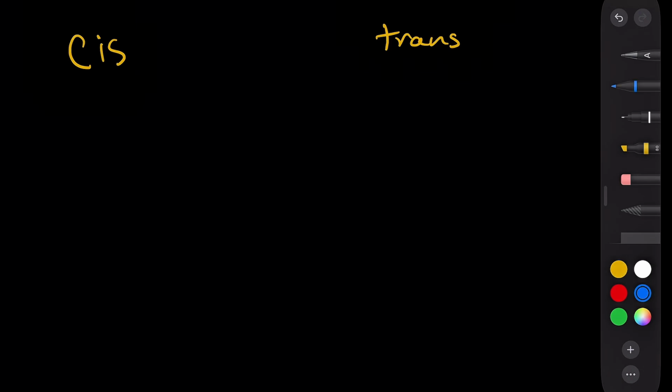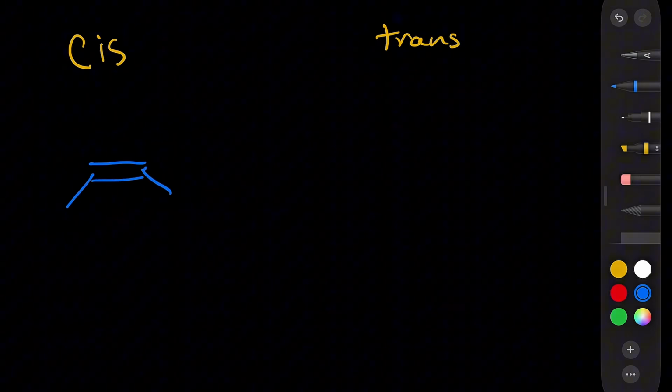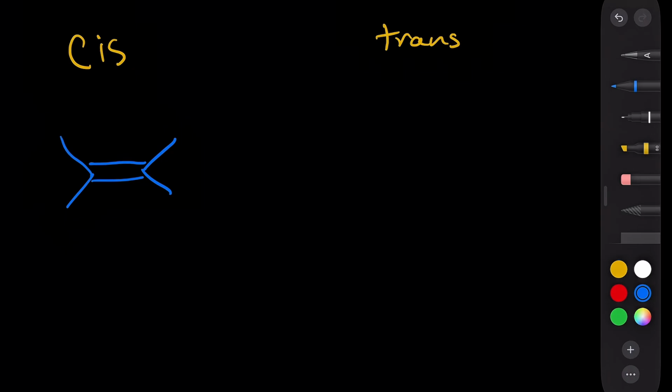If I have a molecule like this, I'll draw a cis molecule. In a cis molecule, the spatial arrangement is such that the functional groups, or things that aren't hydrogen, are on the same side. So let's do Cl and Cl. Whereas trans has the functional groups on opposite sides.